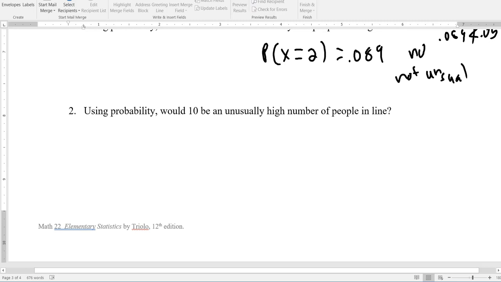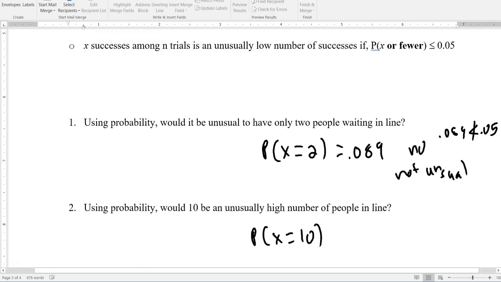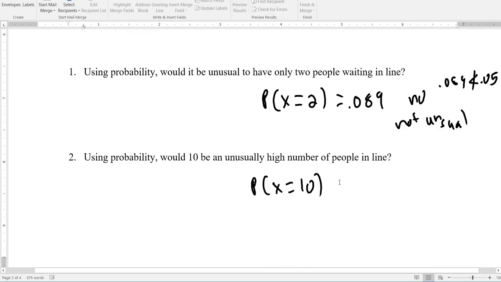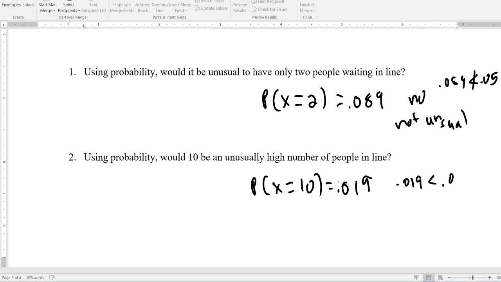Using probability, would 10 be unusually high? Well, the probability of 10 is 0.019. So the probability of 10, that would be less than 0.05.